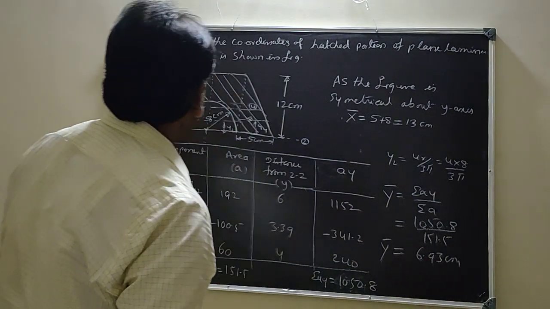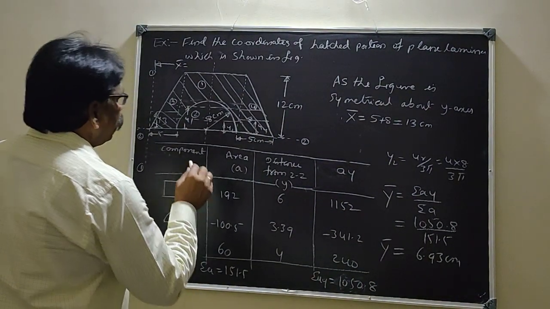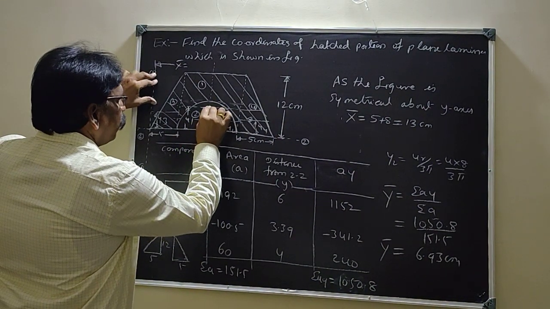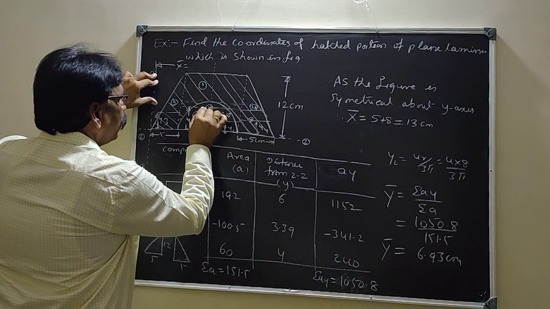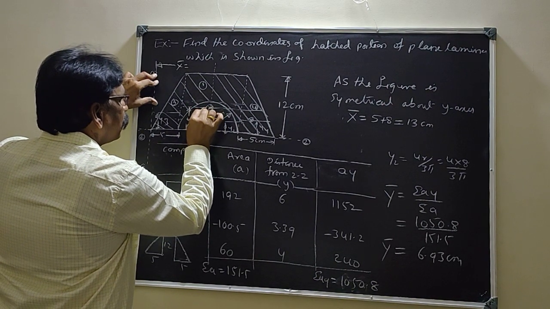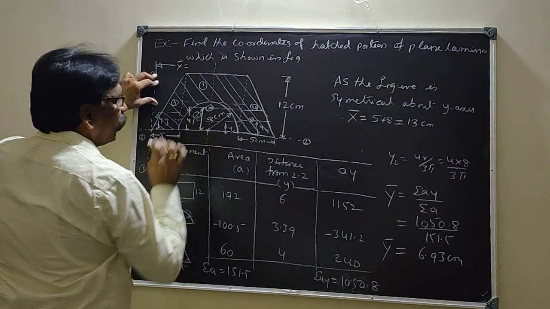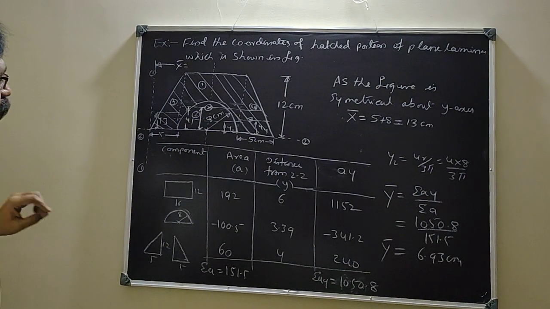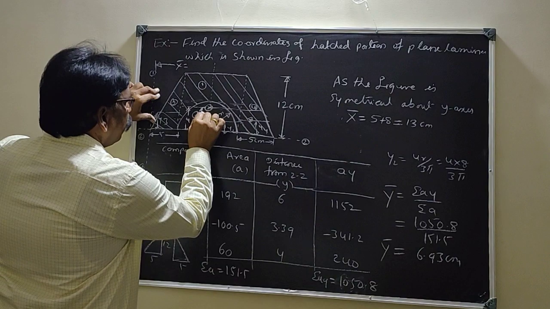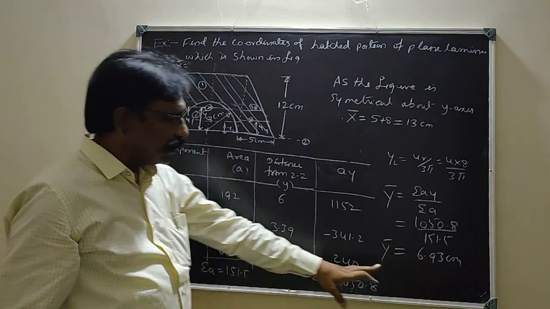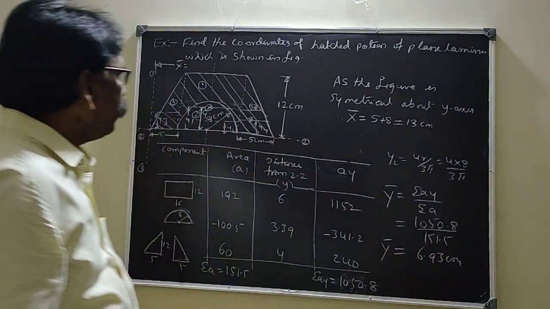So that means the center of gravity of this one will be lying somewhere here, at a distance y bar, which is 6.93 centimeter.